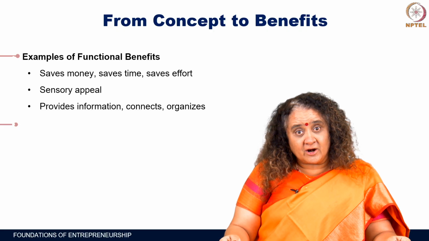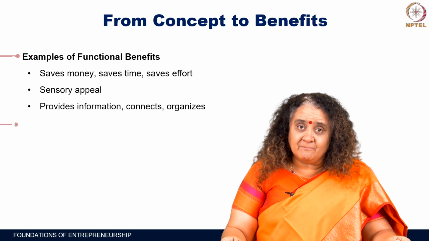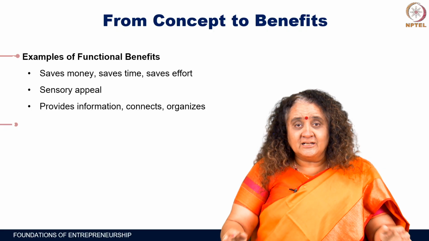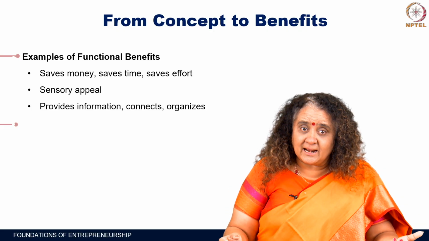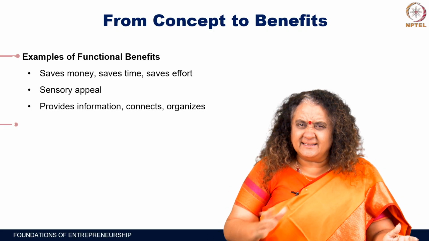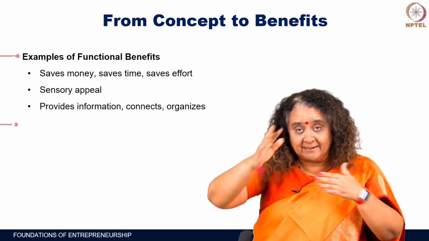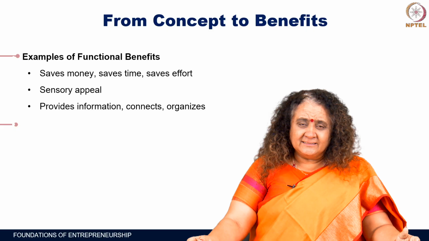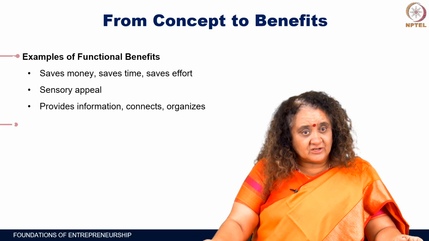There are other products, and you would know many of them, digital products which provide information, they help us organize our lives, and they help us connect. These are just examples. These are not the entire bucket of functional benefits that might be possible. These are some examples of functional benefits.